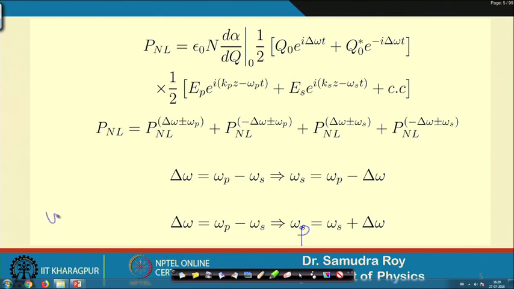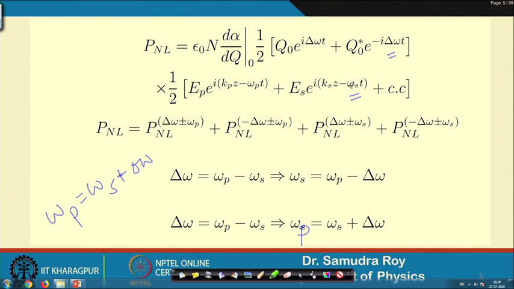So, omega p is omega s plus delta omega. So, the omega s component is here and the delta omega component is sitting here. So, this complex conjugate basically gives plus omega s.